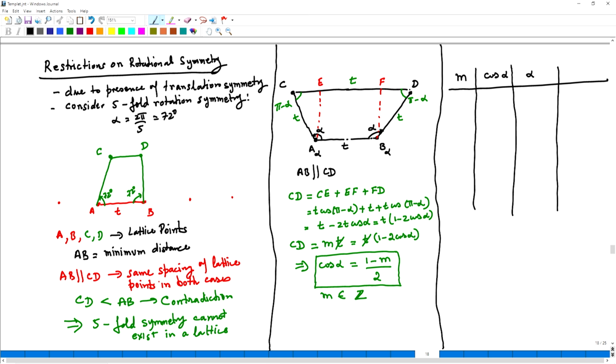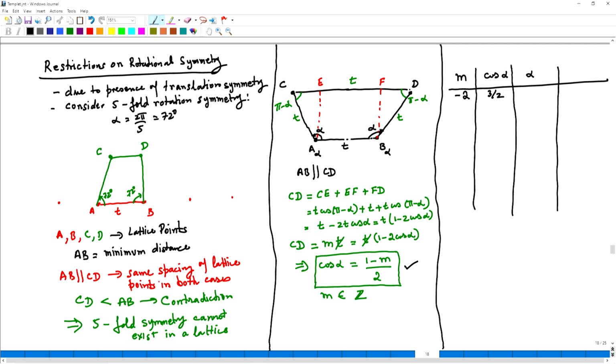Let me start with minus 2. Now, I plug in minus 2 in this equation for cos alpha, so I will get cos alpha to be 3 upon 2. Now, cos alpha can vary between minus 1 and plus 1.